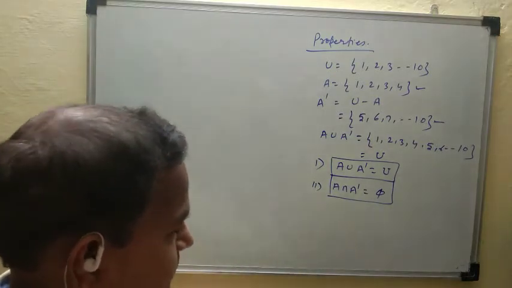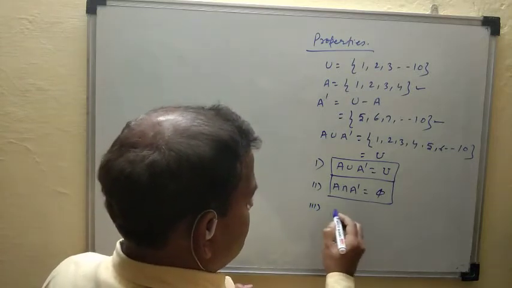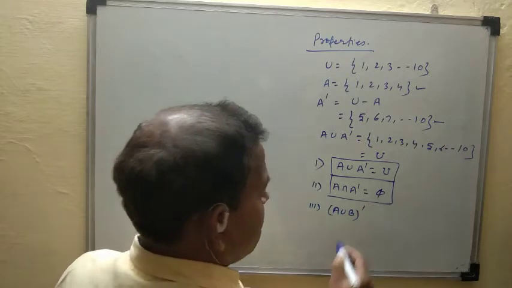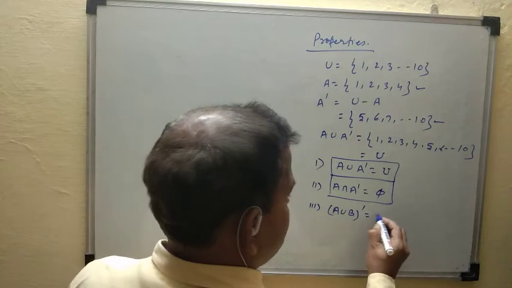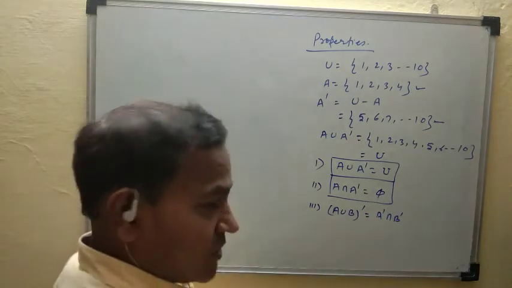Next property, already discussed in example number 22: A union B whole complement is equal to A complement intersection B complement.